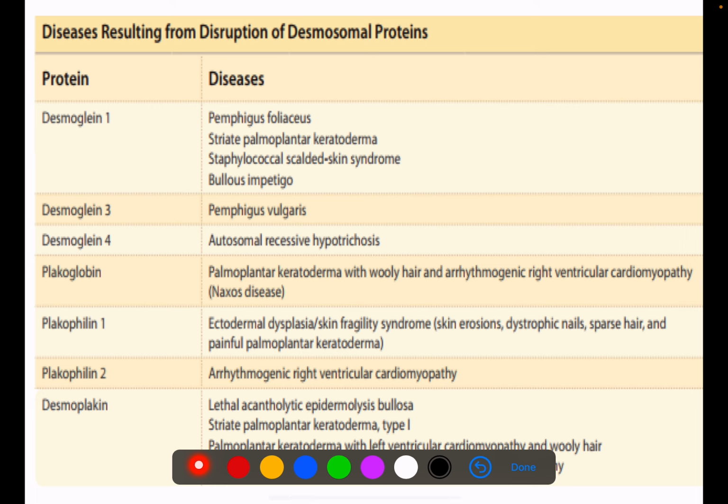Disease resulting from disruption of desmosomal proteins. Desmoglein 1: pemphigus foliaceus, striate palmoplantar keratoderma, staphylococcal scalded skin syndrome, bullous impetigo.